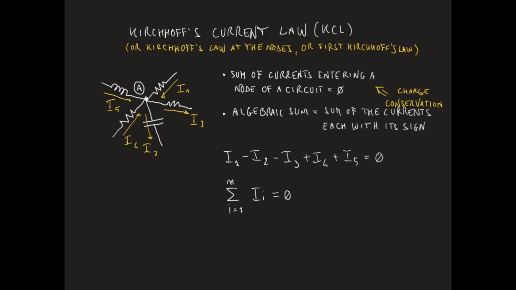Note that in the network in this example, the charge entering the node A through currents I1, I4, and I5 must be equal to the charge exiting the same node through currents I2 and I3. This is a charge conservation principle which is reflected by Kirchhoff's law for currents.